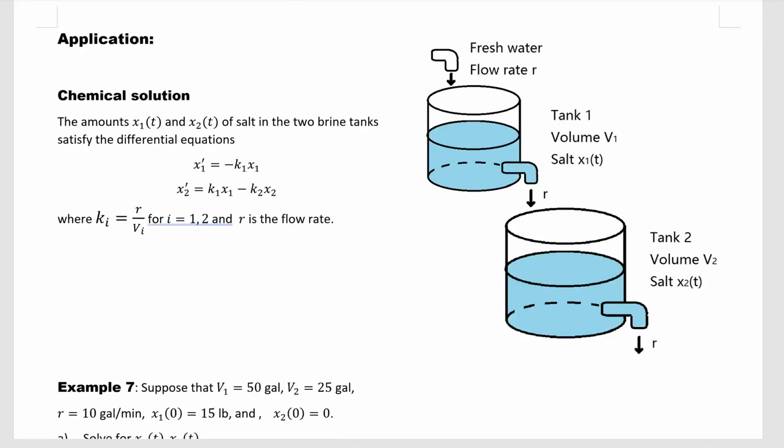Let's look at the second tank. You gain some salt, and the amount you gain is k1 times x1, the proportion r over V1 times the amount of salt in the first tank. You're also losing some salt, which is k2 times the amount of salt in tank 2, where k2 is r over V2.